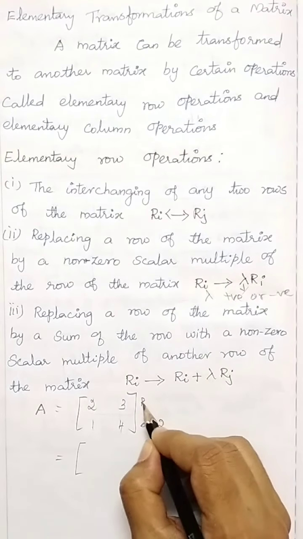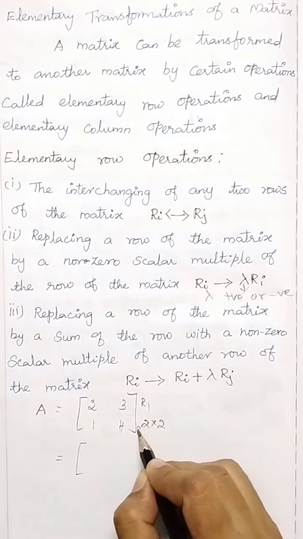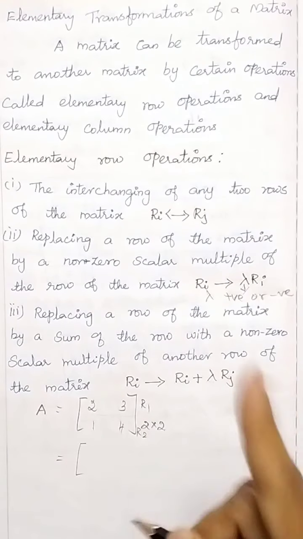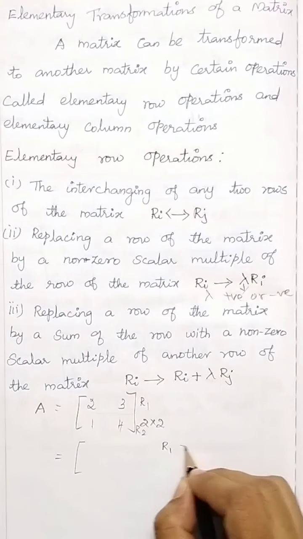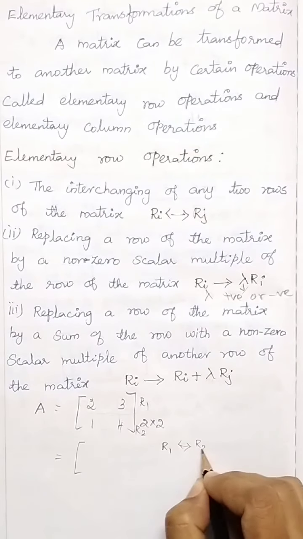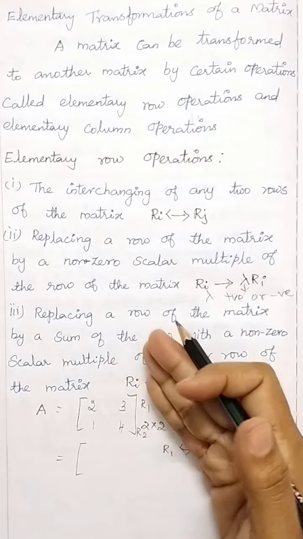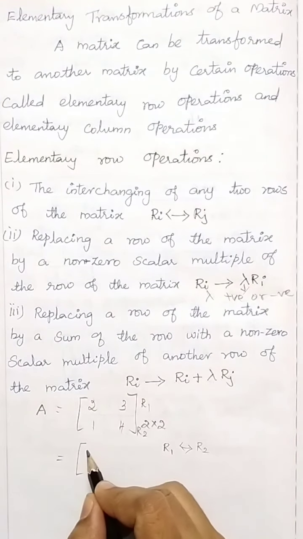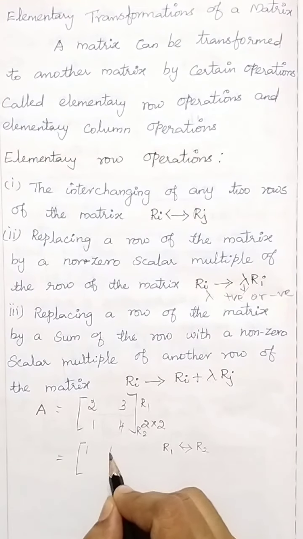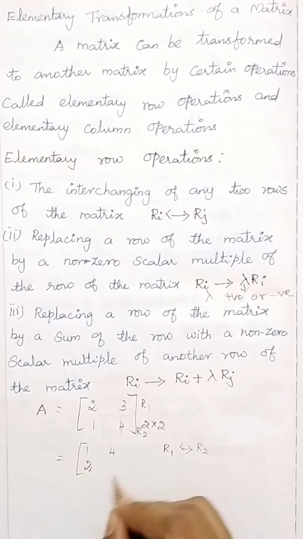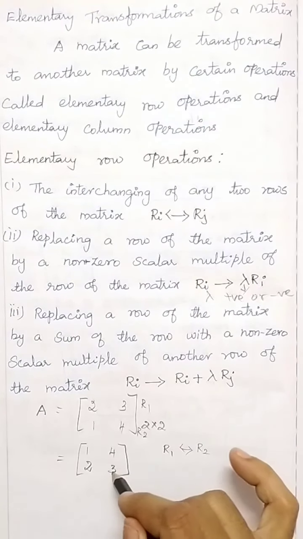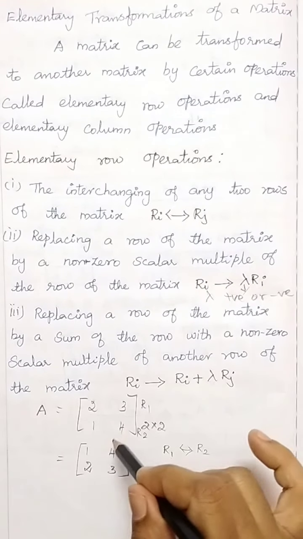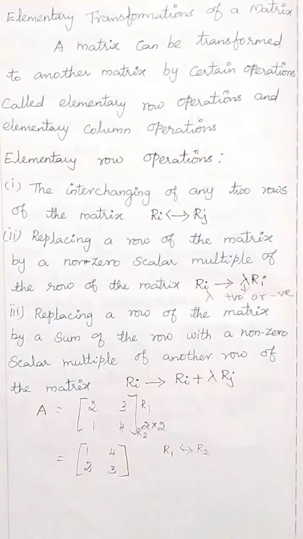This is our row 1, this is our row 2. So first I will use the first operation, R1 interchange to R2. So R1 and R2 are interchanged. So we get 1, 4, 2, 3. This is also an equivalent matrix of this matrix.